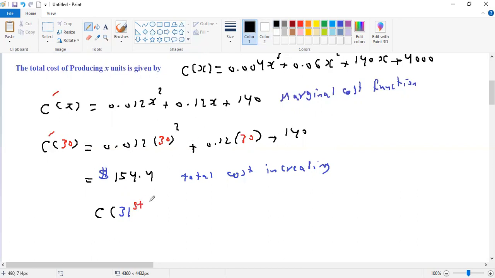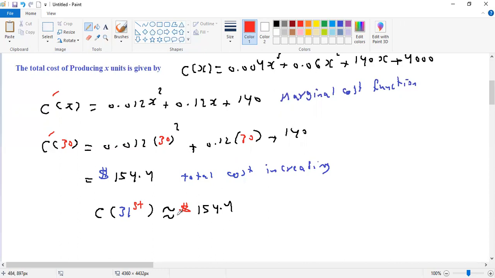This single unit costs approximately $154.4. So this unit is approximately 154, because the derivative is per unit. The cost of this single unit is approximate, because the derivative is a limit.